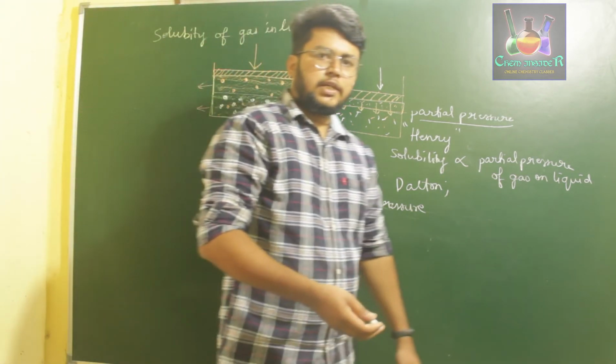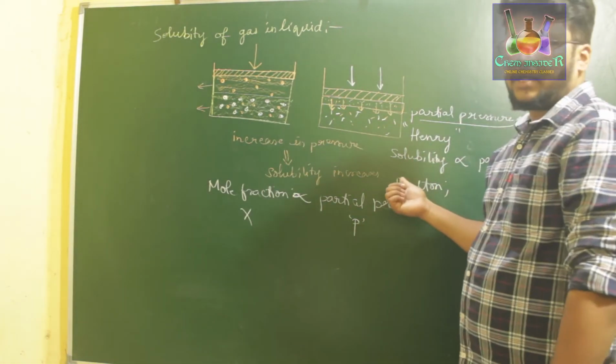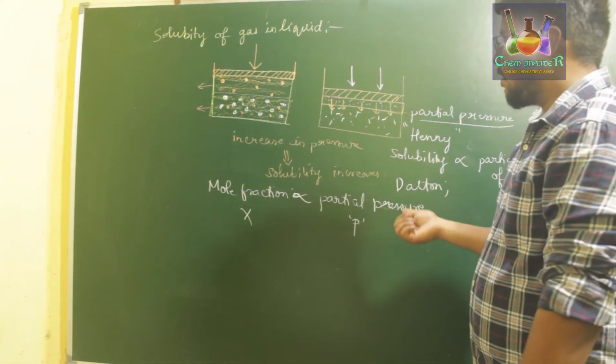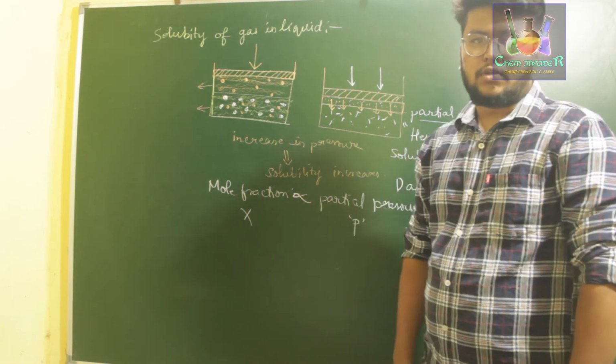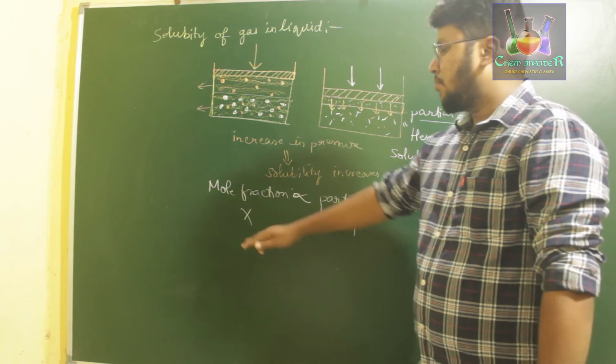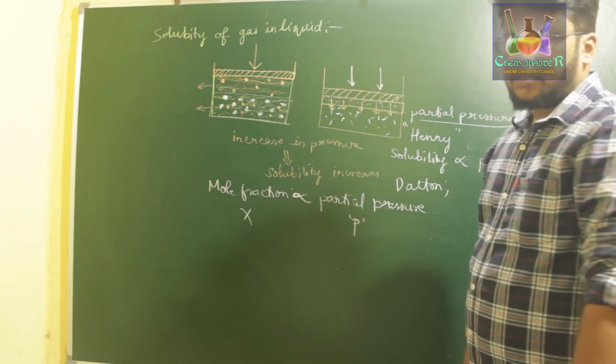So Henry stated that partial pressure defines the solubility of gas in liquid, and Dalton said that partial pressure depends upon the mole fraction of gas in liquid. In other words, the mole fraction of gas in the liquid is directly proportional to partial pressure.